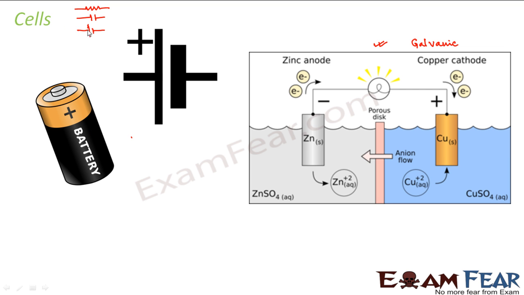Please be careful. Capacitor and cell are differentiated this way. In a capacitor, both the plates are of equal height, but in the case of a cell, the positive one is a little longer than the negative one. So this is how you schematically represent a cell in a circuit. Fine? Okay. So now let us get into the working of the cell.